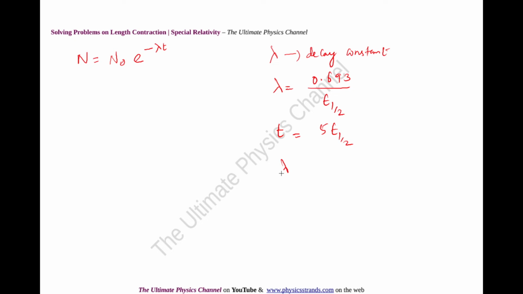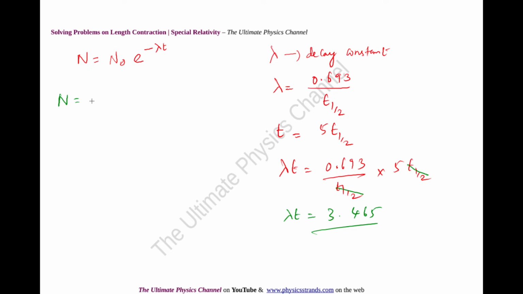Therefore lambda t would be 0.693 over t half multiplied by 5 t half. That cancels these two things. Therefore, lambda t would be only 0.693 times 5, that is 3.465.